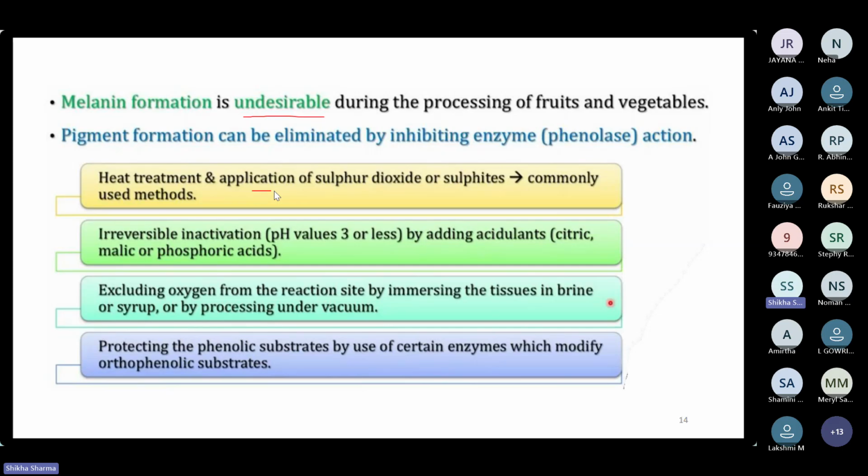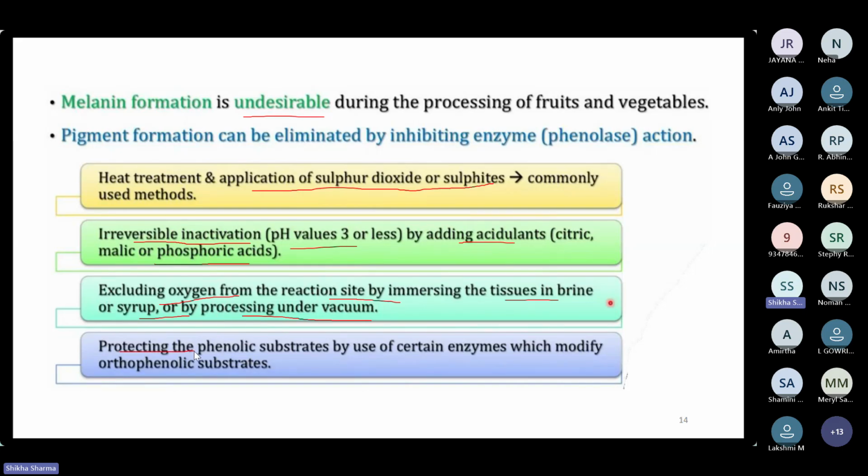Heat treatment and application of sulfur dioxide or sulfides can inhibit it, and also irreversible inactivation, like pH less than 3, by adding acidulants or organic acids like citric acid, malic acid or phosphoric acid. Also, we can exclude oxygen from the reactive site by immersing the tissues in brine or syrup, or by forming some kind of vacuum, like vacuum packaging, to inhibit this kind of reaction.